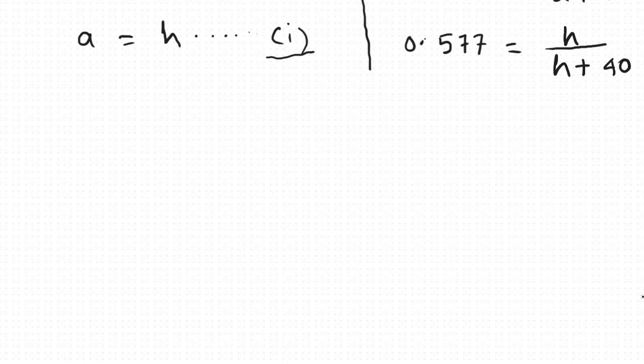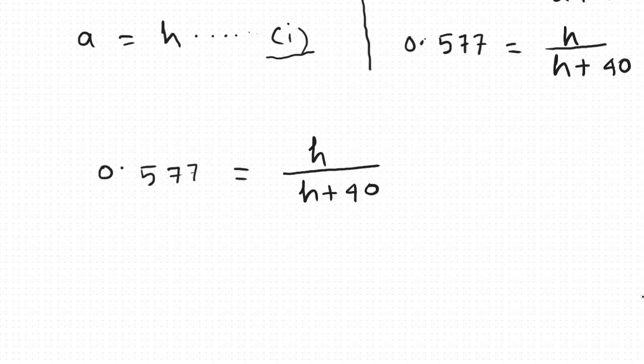In the next part we can write 0.577 equals H divided by H plus 40. So we can write H equals 0.577 times H plus 40.